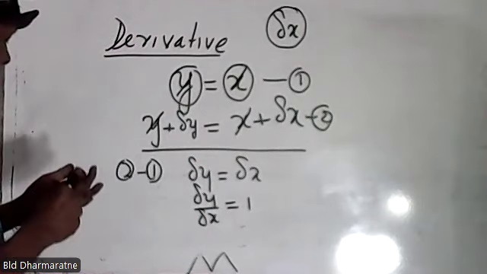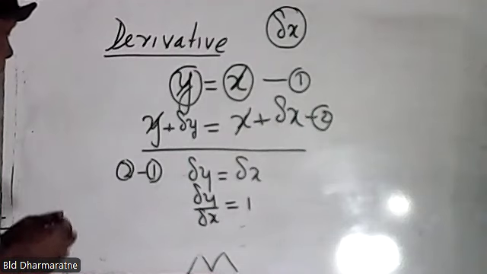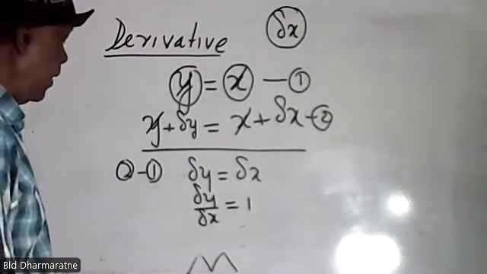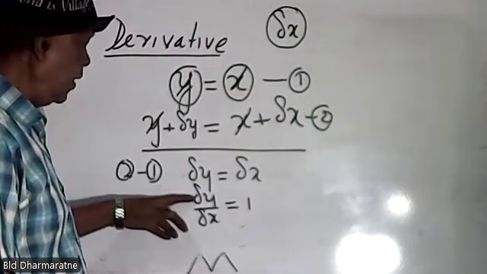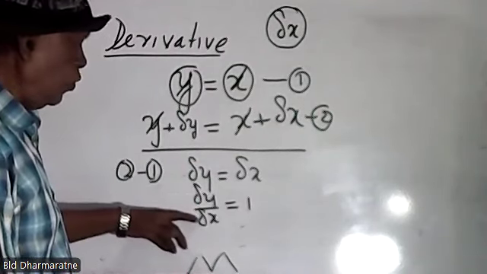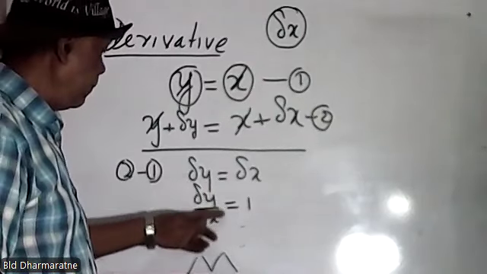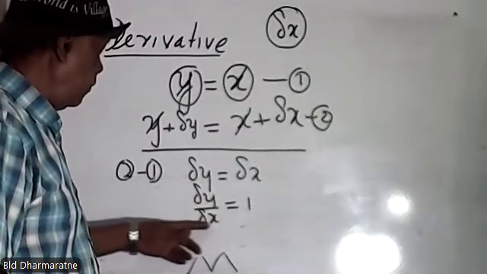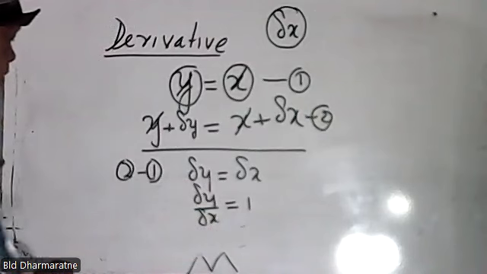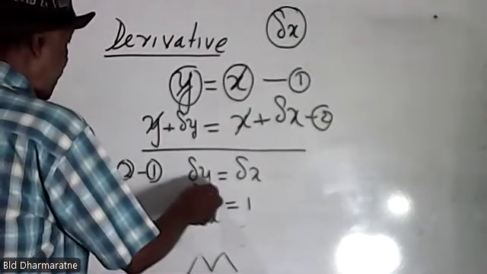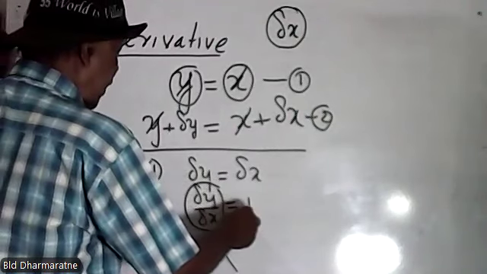This is what we normally call the ratio of the increments, the incremental ratio. This is a better explanation of calculus here. Delta y by delta x equals 1.